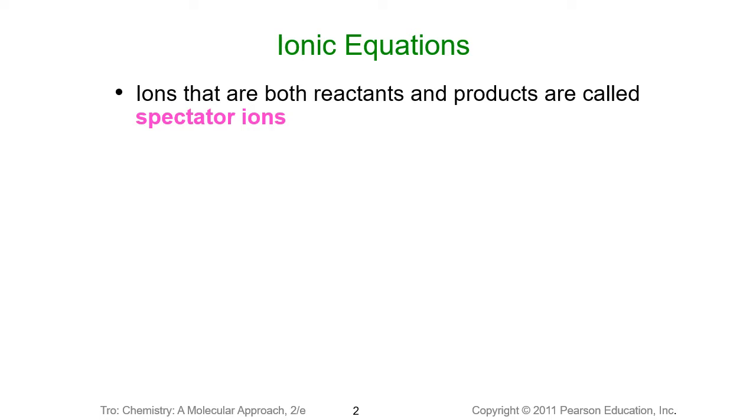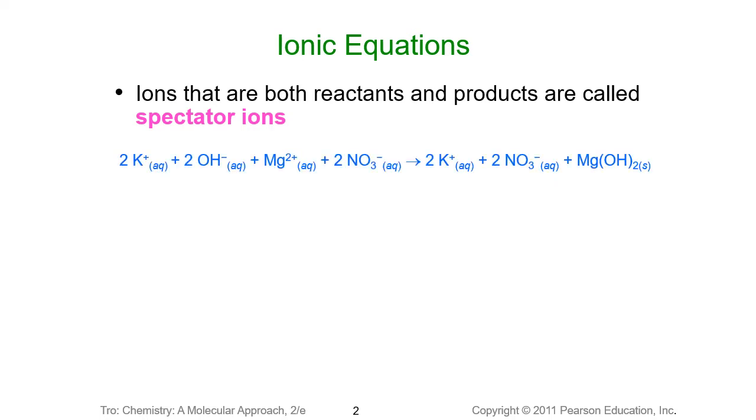So ions that are on both the product side and the reactant side are what we call spectator ions. Essentially, they're watching the reaction happening but not participating, kind of like a spectator at a sporting event. So in our example here, which would be the spectator ions?